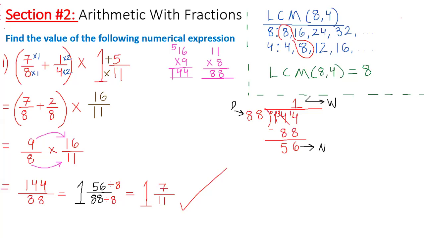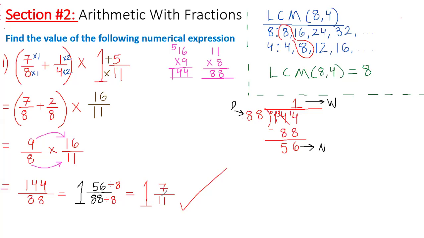The 1 becomes the whole number, the numerator is 56, and the denominator is 88. And then we simply divide. 56 divided by 8 gives us 7, and 88 divided by 8 is 11. And so we have 1 and 7 over 11.